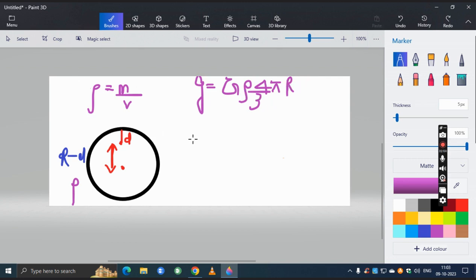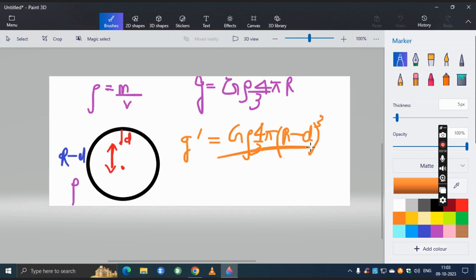So now g dash is nothing but G rho 4 by 3 pi into r minus d whole cube divided by r minus d whole square.